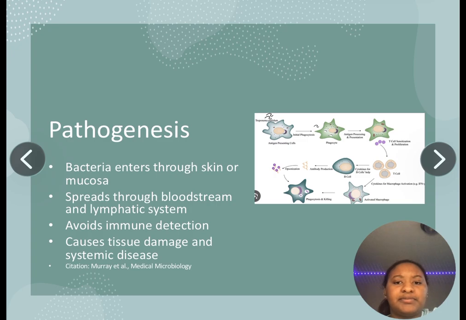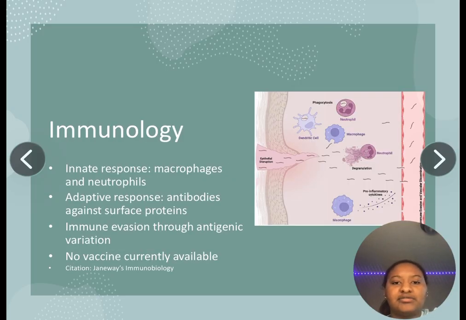When Treponema pallidum enters the body, usually through a break in the skin or mucous membrane, it quickly spreads throughout the bloodstream and lymphatic system. It's exceptionally good at hiding from the immune system, which allows it to cause widespread tissue damage over time. The body responds with both innate and adaptive immune responses.